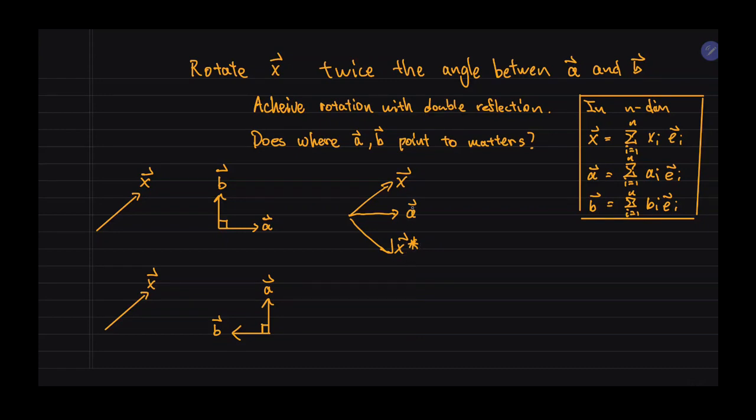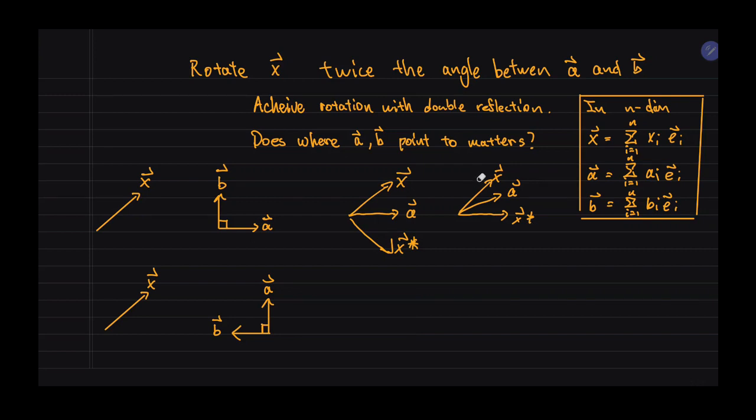It depends on where the vector we reflect with respect to is pointing. So if we have the same vector x here, and the vector a is here, then when we reflect it, it will be like here, right?